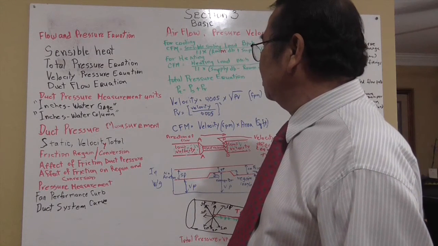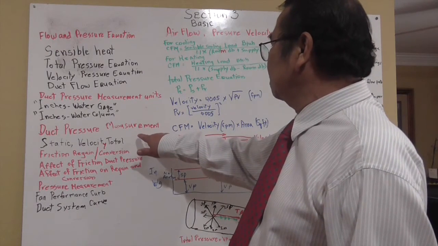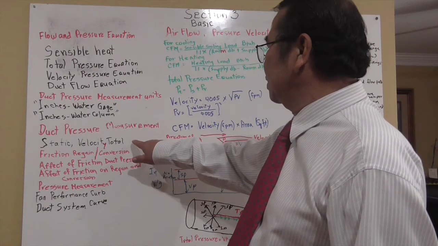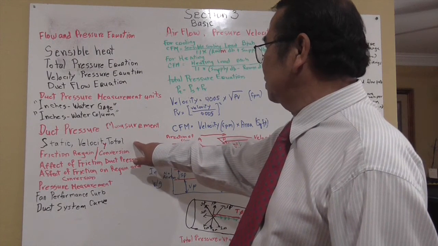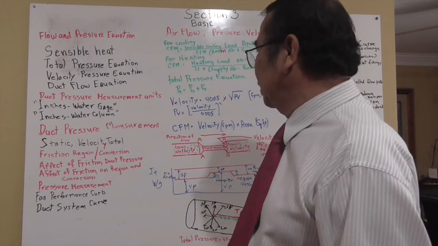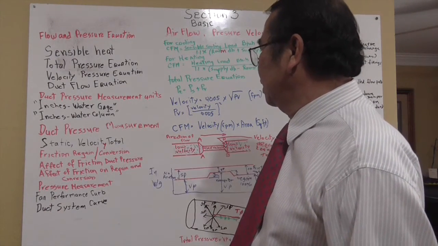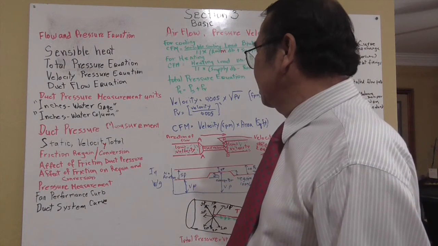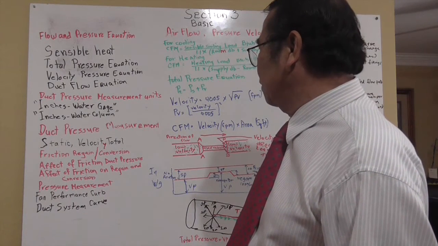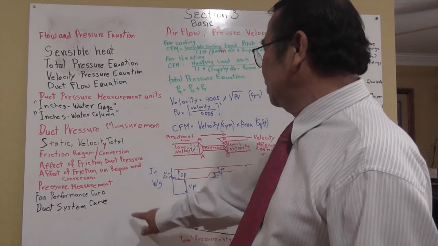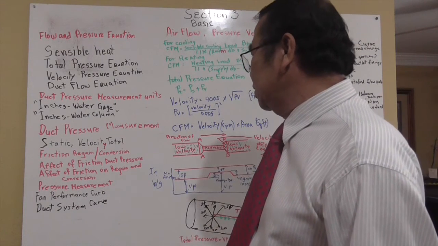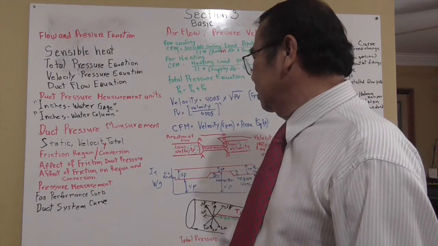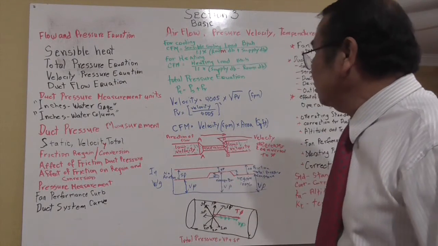Then we're going to do a duct pressure measurement. I'm going to show you how to take the static pressure, velocity pressure, and total pressure. Then we're going to talk about friction regain conversion, the effect of friction on duct pressure, the effect of friction on regain and conversion, pressure measurement, the fan performance curve, and then the duct system curve.